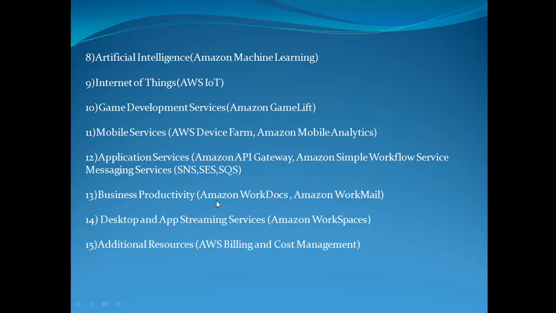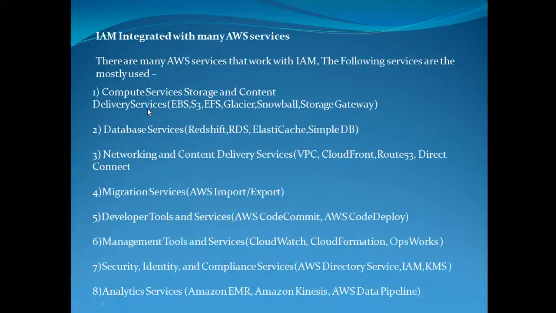Then business productivity, it's your Amazon WorkDocs and Amazon WorkMail. Then desktop and app streaming services is your Amazon WorkSpaces, and additional resources like AWS billing and cost management. So these are the services which are integrated with IAM.